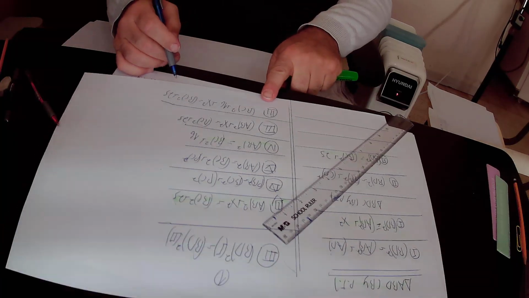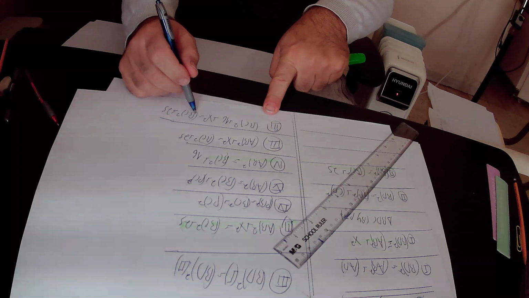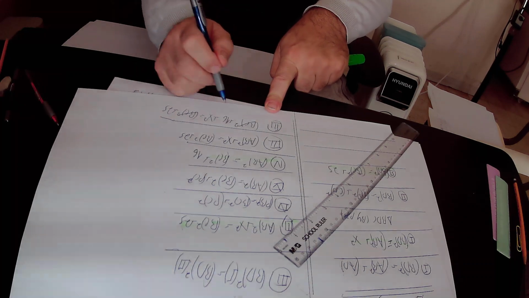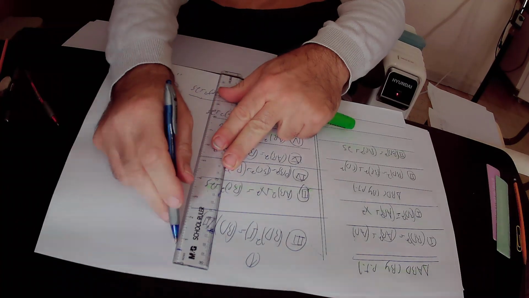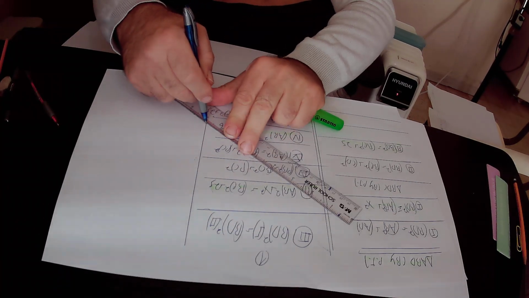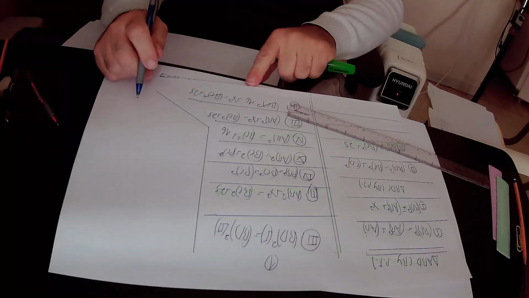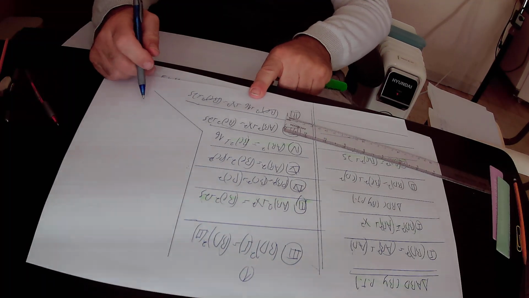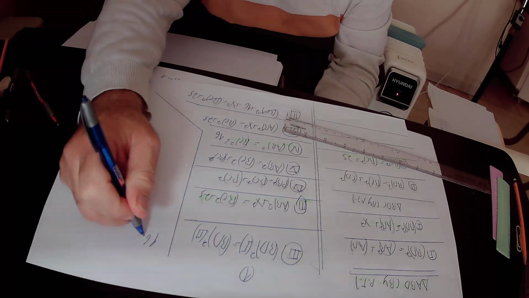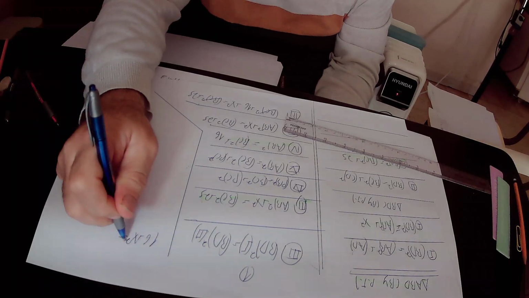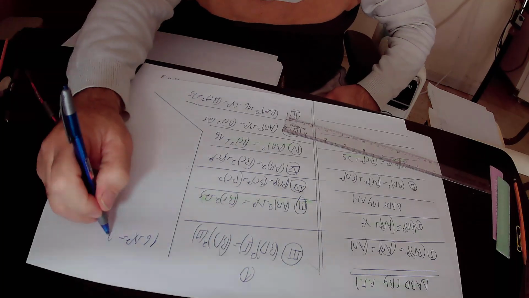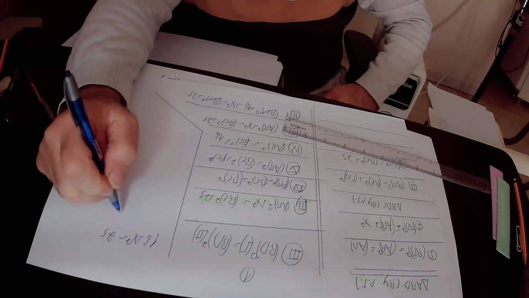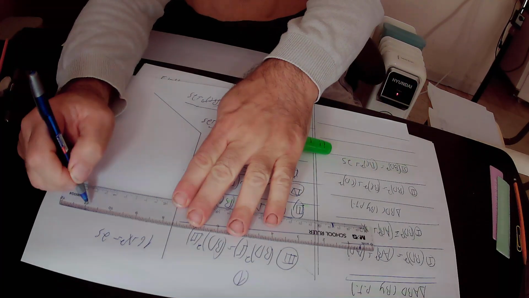Here we have BC squared on both sides of this equation, so BC squared gets cancelled. On this side of the equation we are left with 16 plus x squared, and on the other side only 25. So 16 plus x squared equals 25.